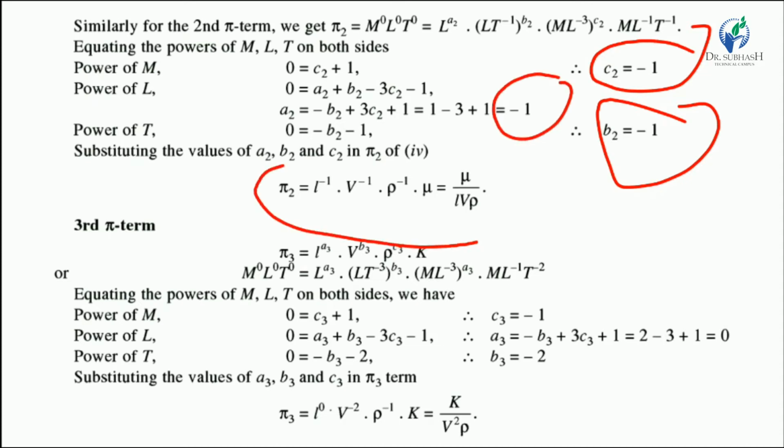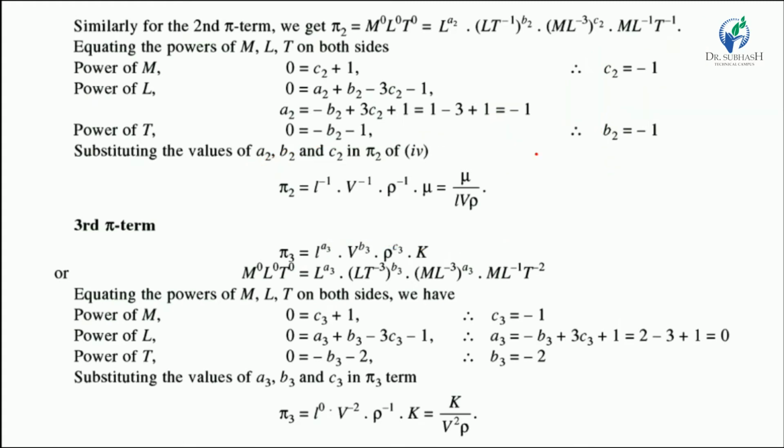So put the values of the powers in the pi 2 term. So we arrange the variables according to power: mu upon LV rho. So pi 2 is equal to mu upon LV rho.